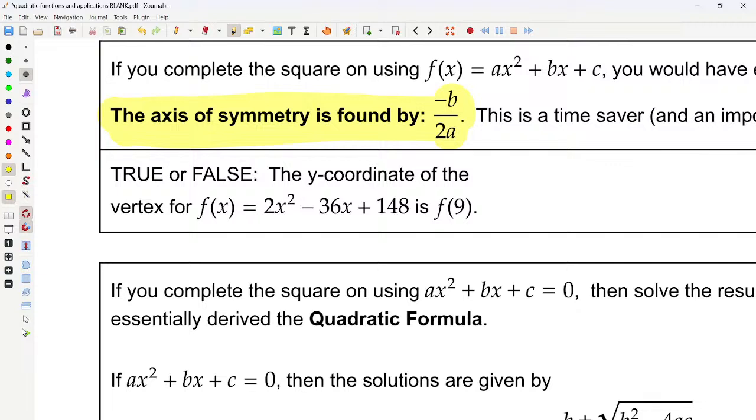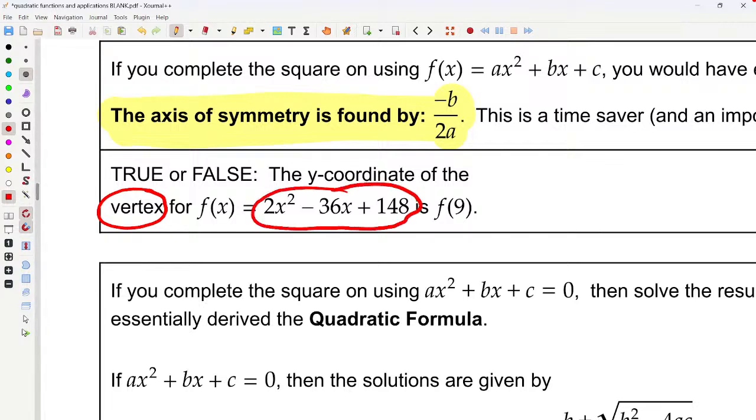True or false, we're going to build off of that. The y-coordinate of the vertex is f evaluated at 9. That's a weird question. The y-coordinate of the vertex is f evaluated at 9. Well, this question is asking about vertex.